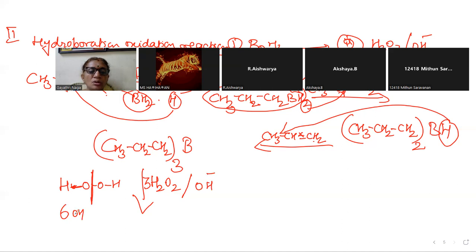So what you do? Out of the 6 OH, 3 OH you connect, 1 OH to each of the alkyl groups. 3 alkyl groups are there, no? To one propyl group, we attach 1 OH. That means we get 3 alcohol units.